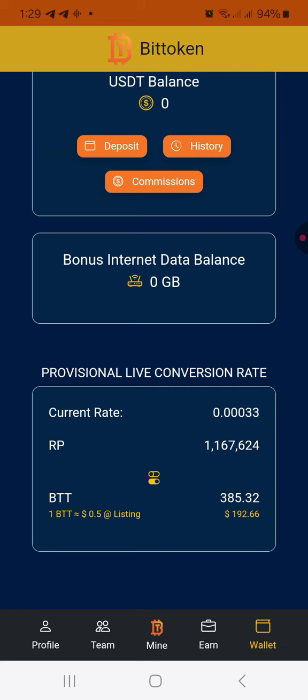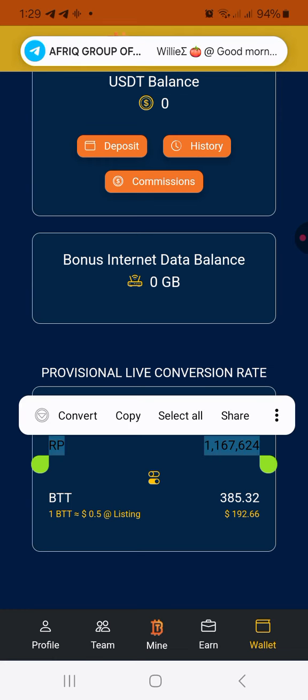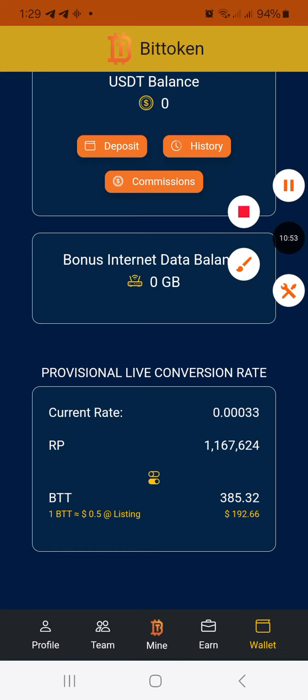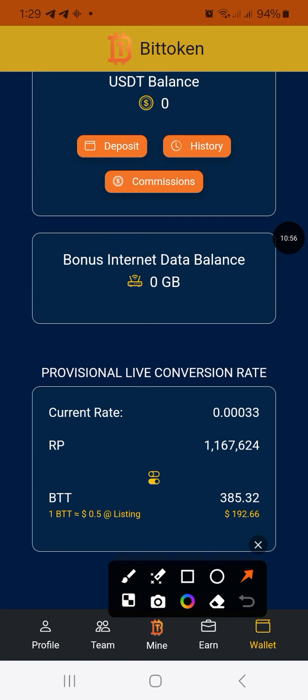So yes, your total amount of reward points will not decrease. However, the current rate can decrease or increase, and the amount of Bittoken can also increase. So I am a visual person.